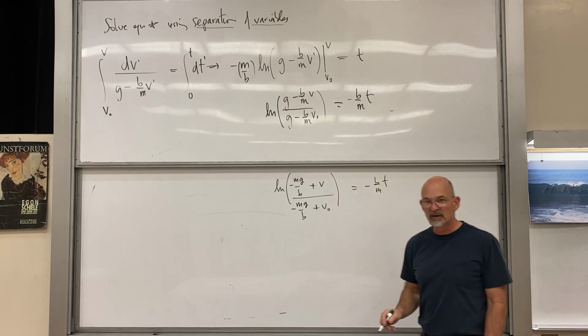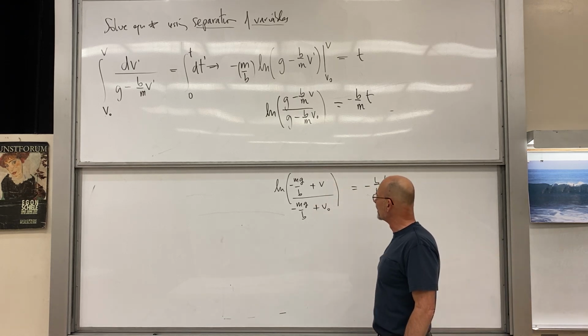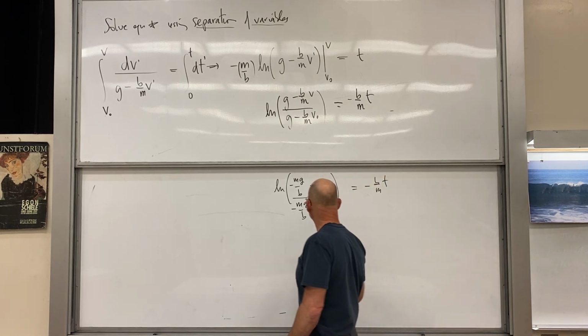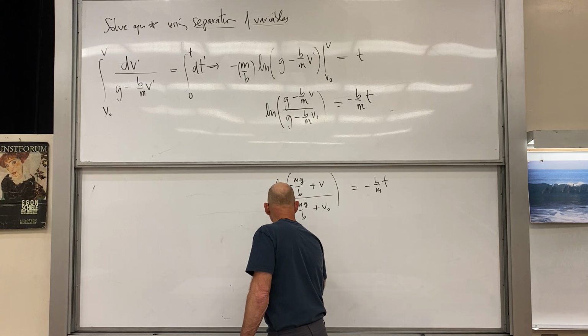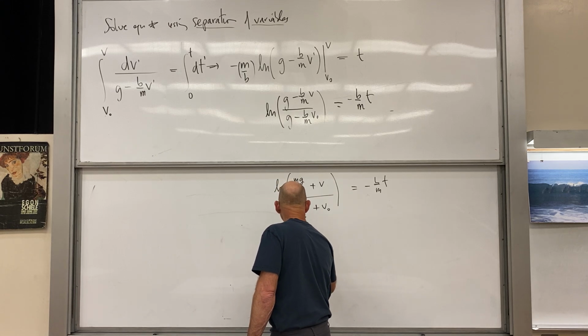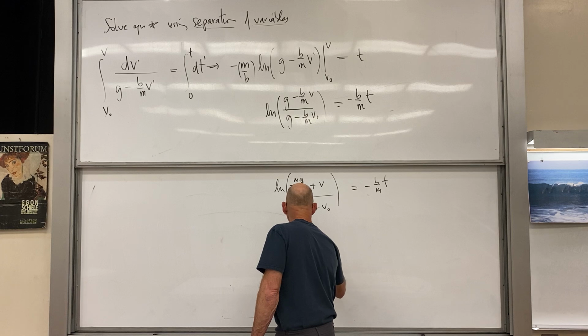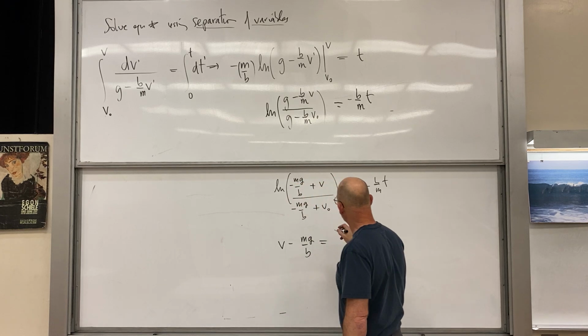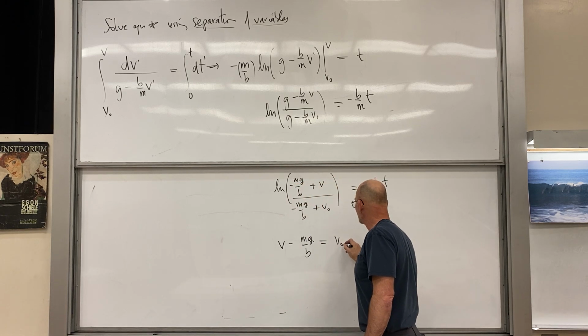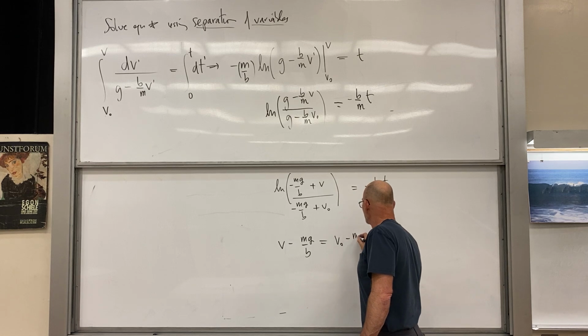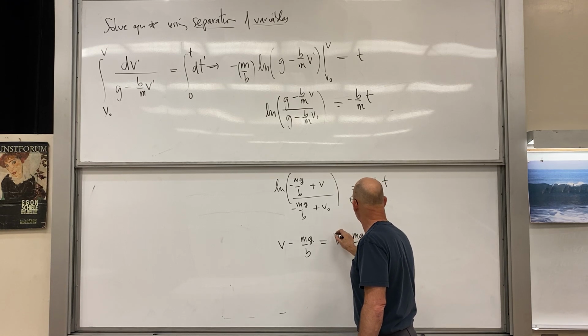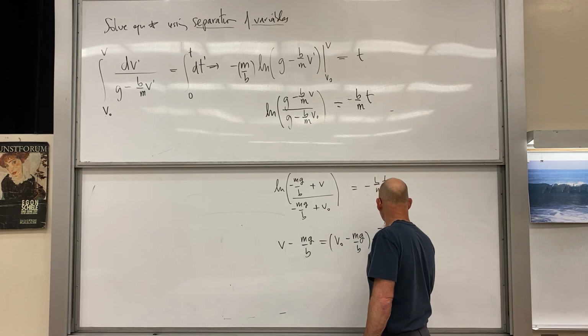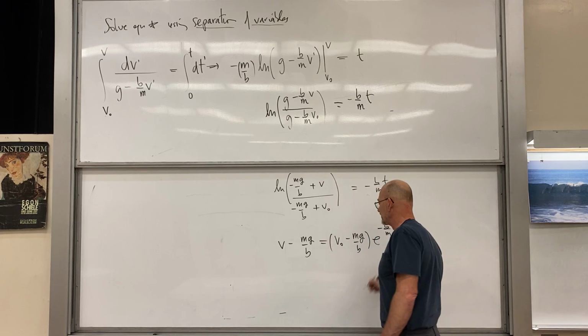I can do that as well. I just multiply top and bottom by minus 1. So now we have v minus mg over b, exponentiating both sides, equals v0 minus mg divided by b times e to the minus b over m times t.